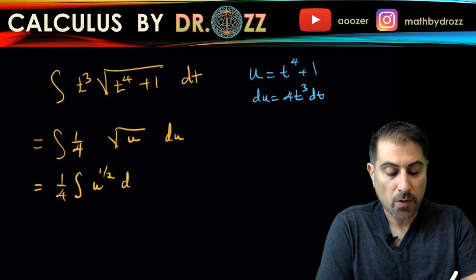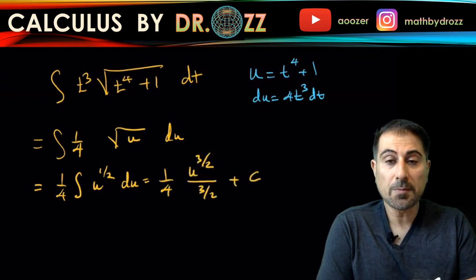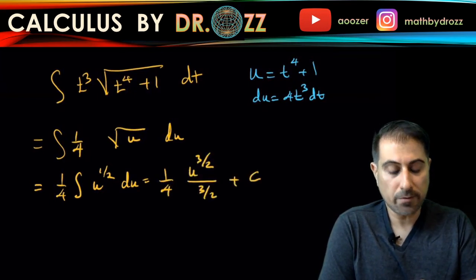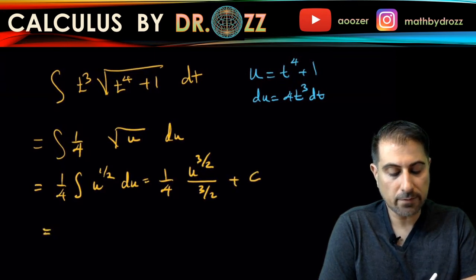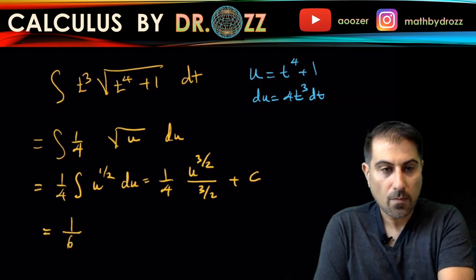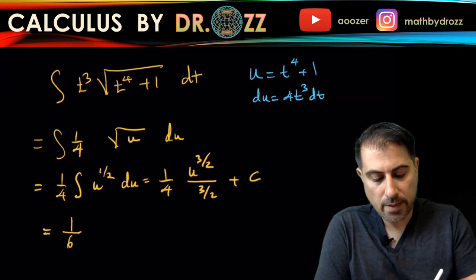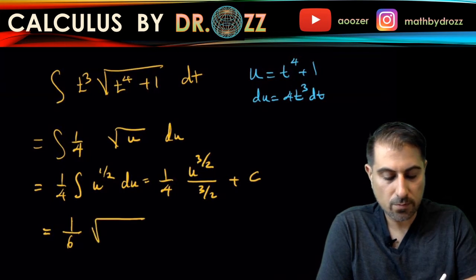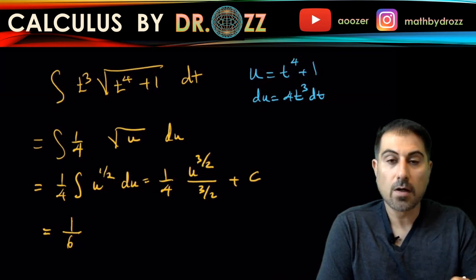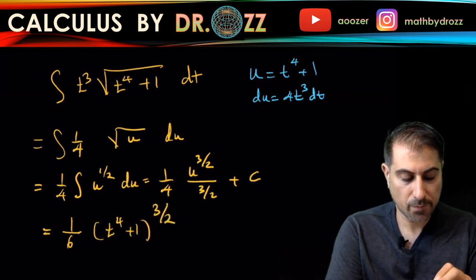And that is 1/4 u to the 3/2 divided by 3/2 plus c. Flip the bottom over, that's 2/3, and you have another 1/4 over there, so you have 2/3 times 1/4, which is 1/6, and then you have t to the 4th plus 1 to the power of 3/2 plus c.